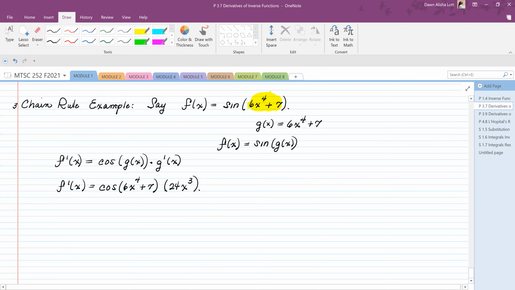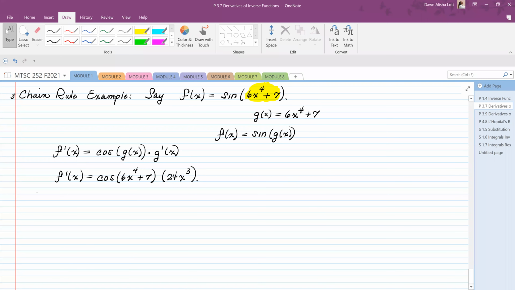Now, the way I teach it is slightly different. I have y is equal to the sine of 6x to the 4th plus 7, and it's very similar to what you learned. I'm going to identify the inside function and call it u. So u is 6x to the 4th plus 7, and then I can write y is the sine of u, because u goes in there.